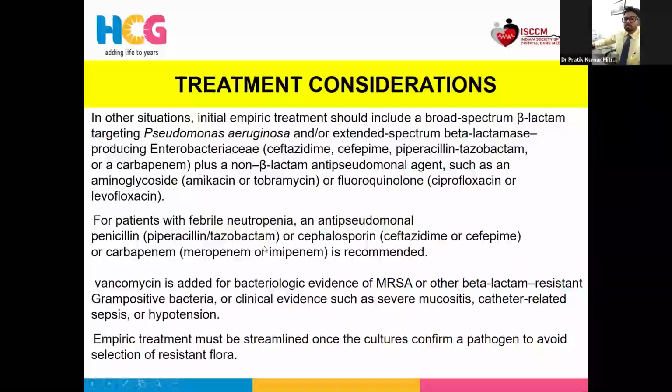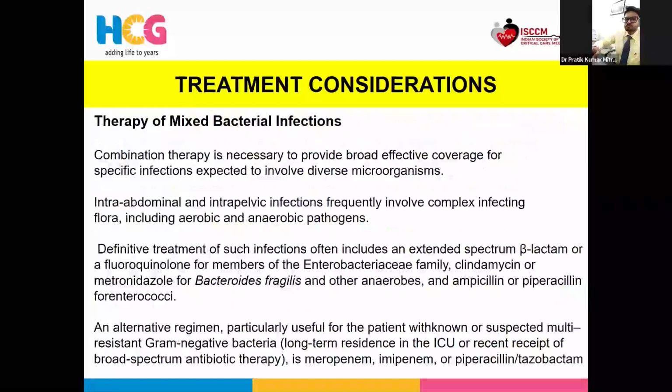For patients having febrile neutropenia, an anti-pseudomonal penicillin and cephalosporin or carbapenem is recommended. Vancomycin is added for emergency management. Empiric treatment must be streamlined once we have the culture reports of the pathogen.